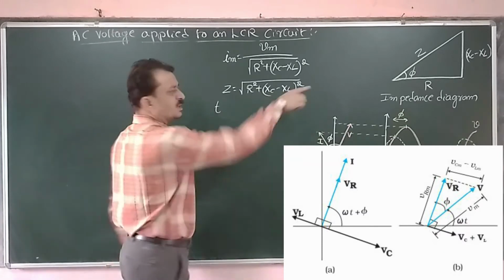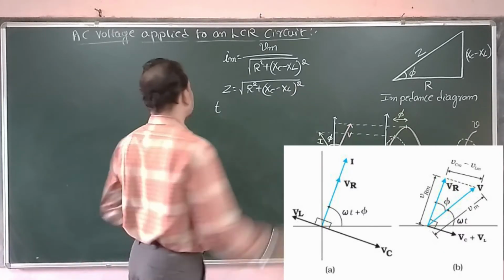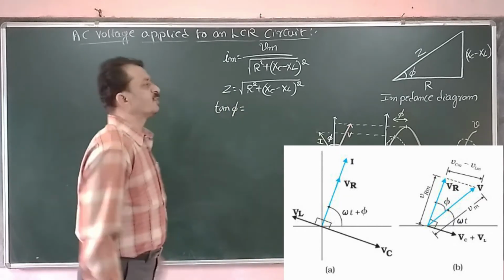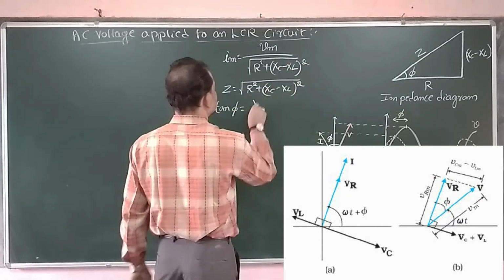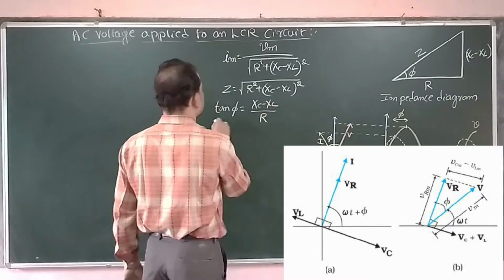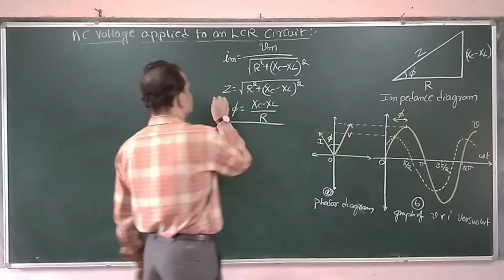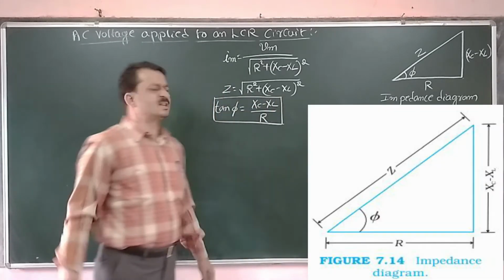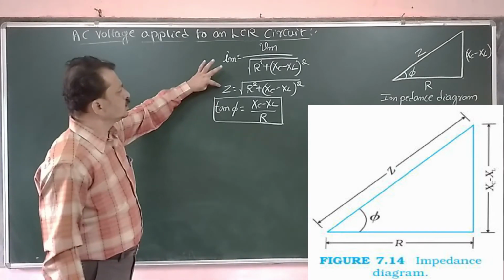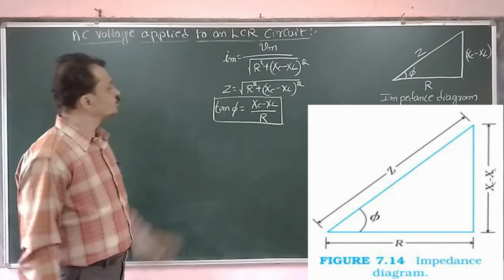Now from that impedance diagram, what is tan phi? It is opposite by adjacent, that is Xc minus XL divided by R. It represents the phase angle. We can easily work out the phase angle in this case. Now look at this expression.